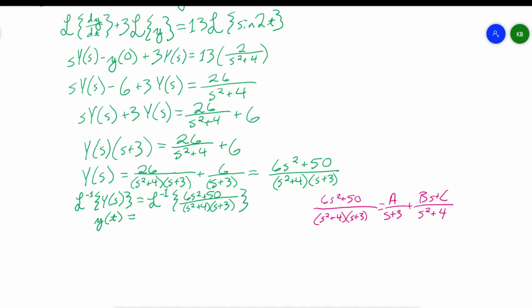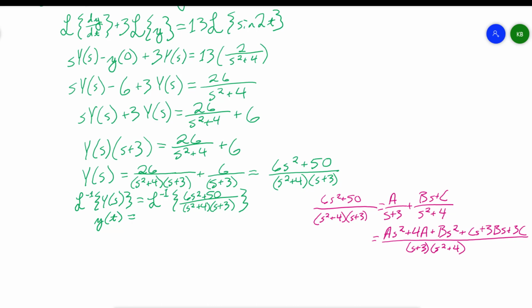Common denominators for everybody gets us A s squared plus 4A, plus B s squared plus C s plus 3B s plus 3C, all over s plus 3 times s squared plus 4.